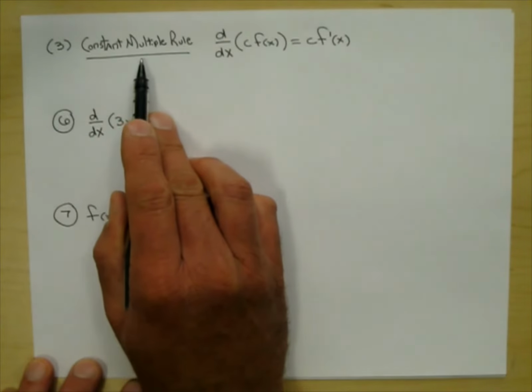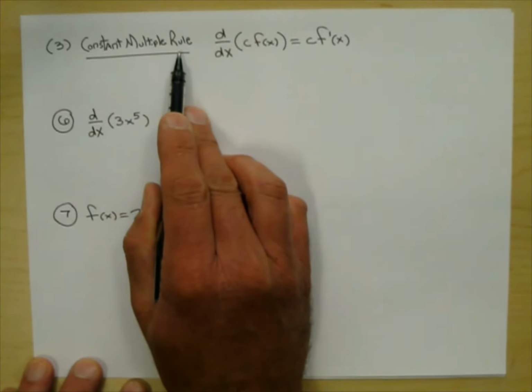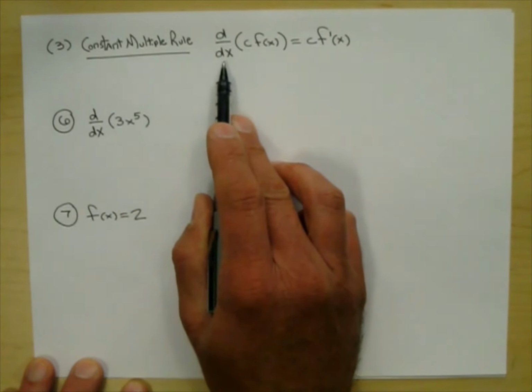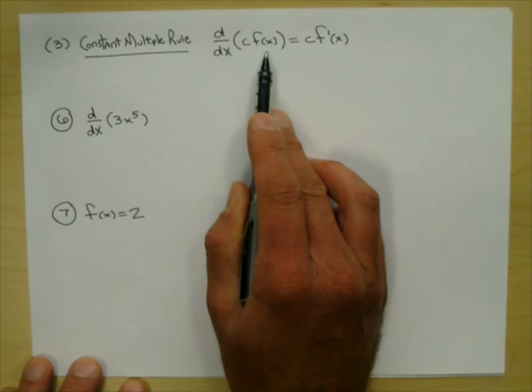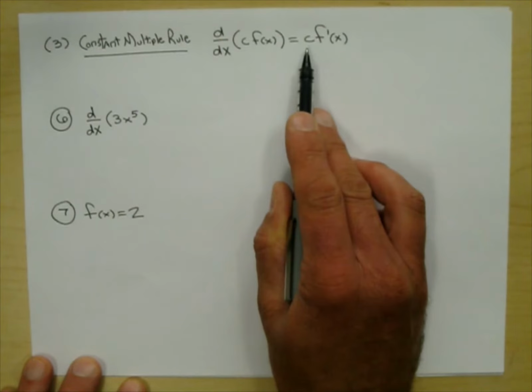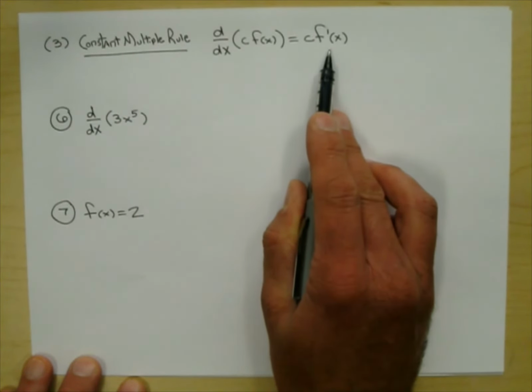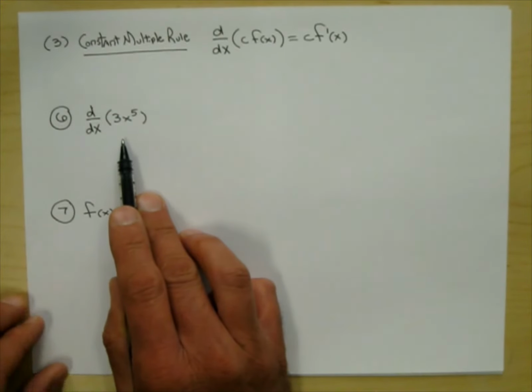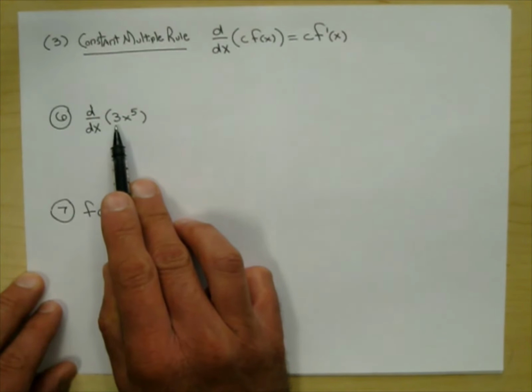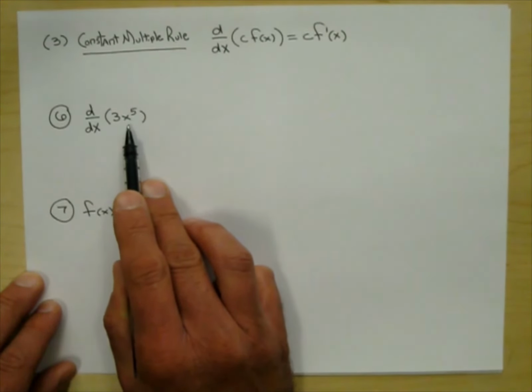In the PowerPoint, we just proved the constant multiple rule, which is this. Here's your derivative gun. Taking the derivative of a constant times a function, it's the constant times the derivative of the function. So let's see what we do here. The rules are take the derivative. We have a constant times a function that we know how to take the derivative of, which is x to the fifth.